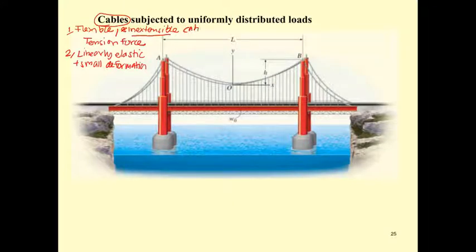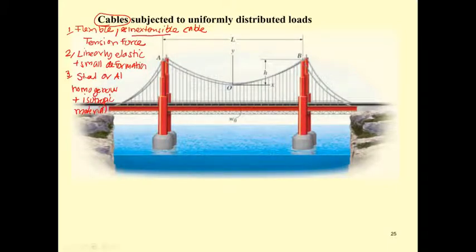Also, the material used to build the cable is a kind of steel or aluminum, which is going to be a homogeneous and isotropic material.